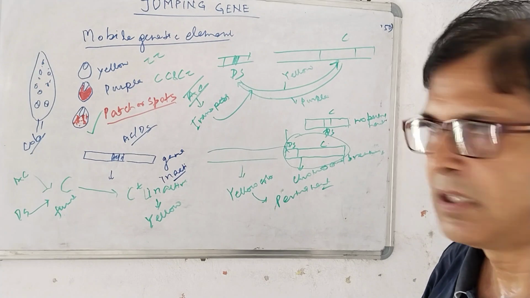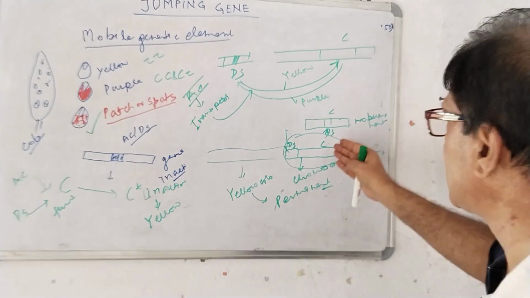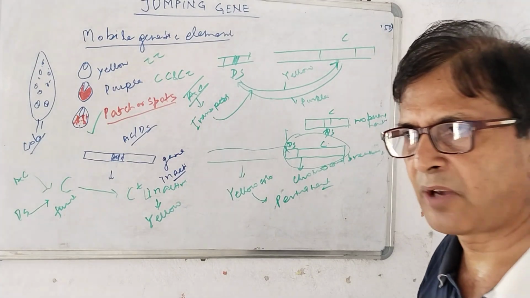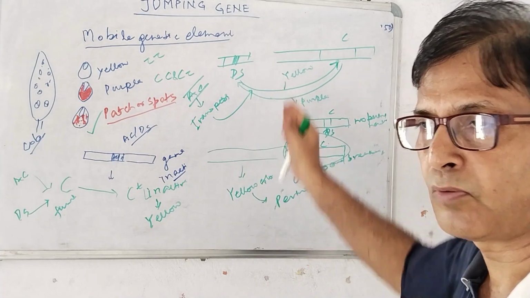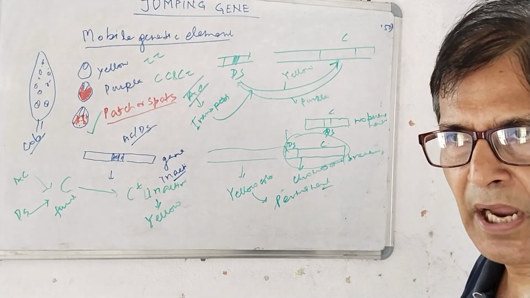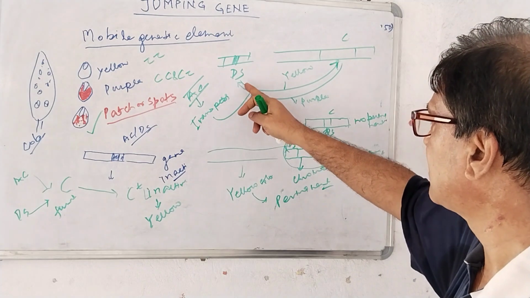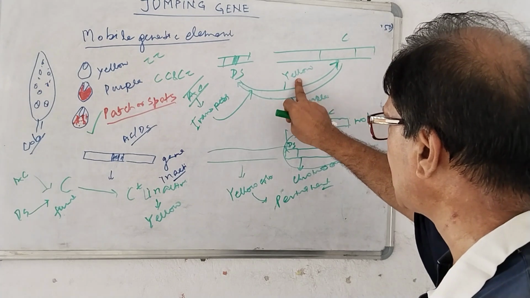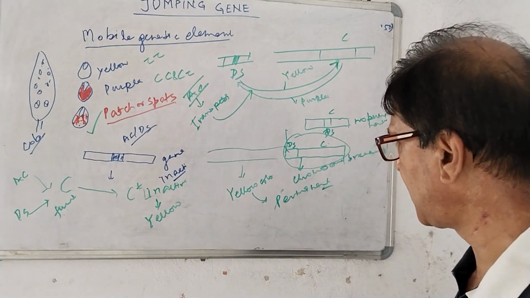When DS gets inserted within this coding sequence, this halts the production of pigments, resulting in loss of pigment, but it can move out of it and the pigment production is restored. This way, if it moves here, this will produce a yellow kernel, and when from here it moves to its original position, you will get a purple color.